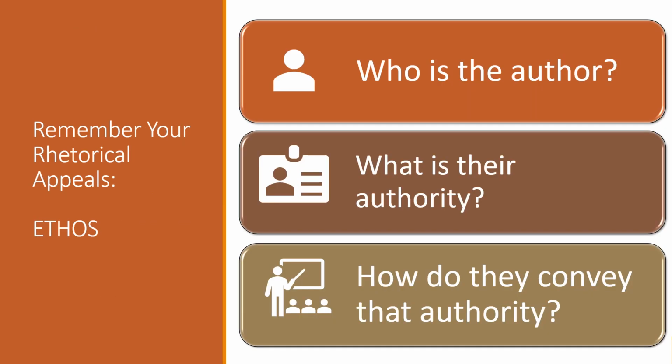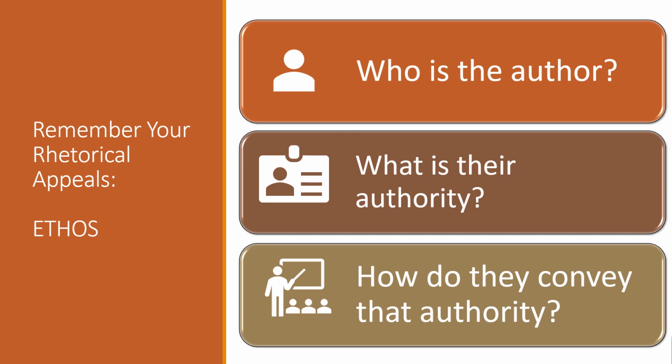So now everything that we've learned up to this point starts falling into place and making sense. We're putting everything together. So we are evaluating how well the author is using our rhetorical appeals, ethos, logos, and pathos. So with ethos, first thing, as always, who is the author? What do we know about him? What is their authority to talk on this topic?